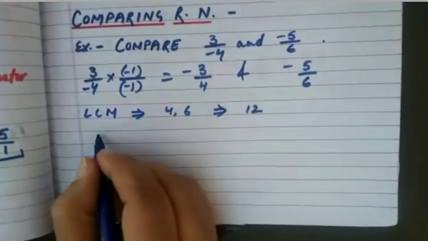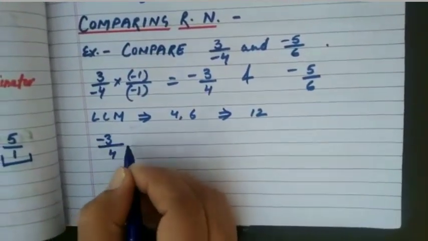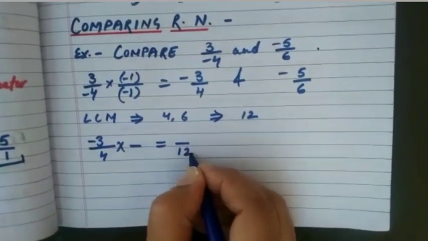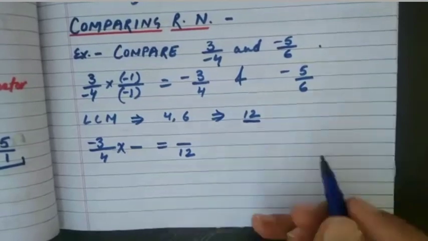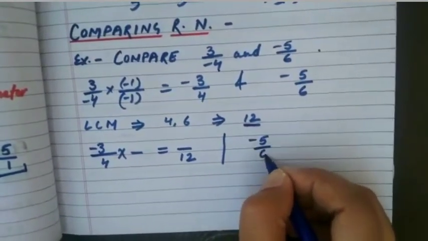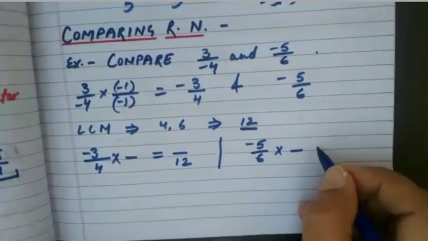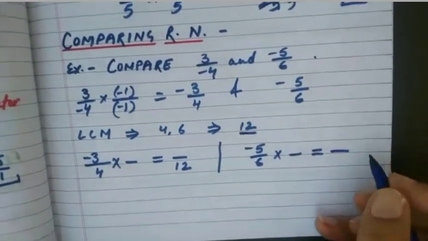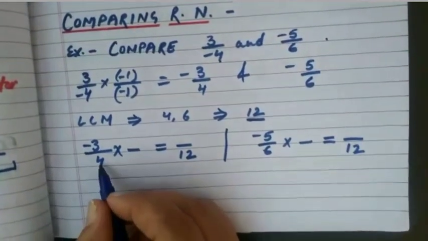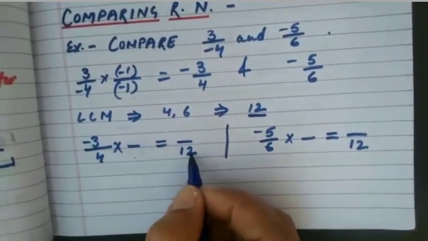Now we will convert minus 3 upon 4. What number will we multiply it by so that its denominator becomes 12, which is the LCM? And similarly here for minus 5 upon 6 also, what number will we multiply it by so that the denominator becomes 12? So simply you all can answer, 4 multiplied by 3 is 12.